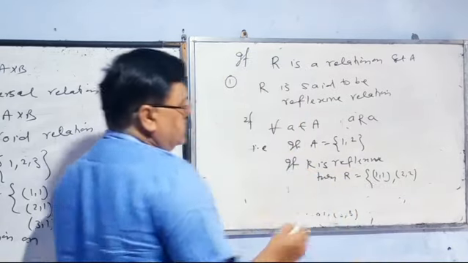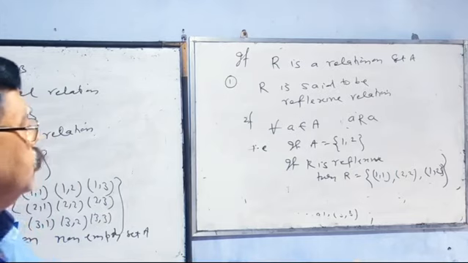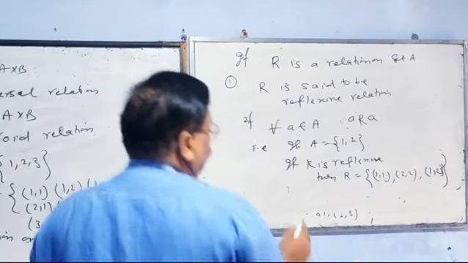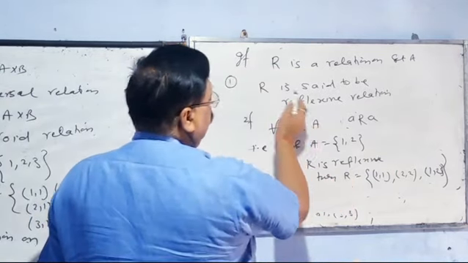This is a must. After this it may have (1,2), but (1,1) and (2,2) must be contained. So it is a reflexive relation on set A.